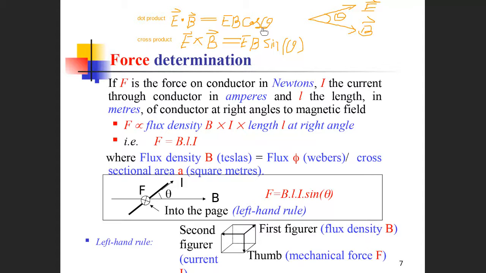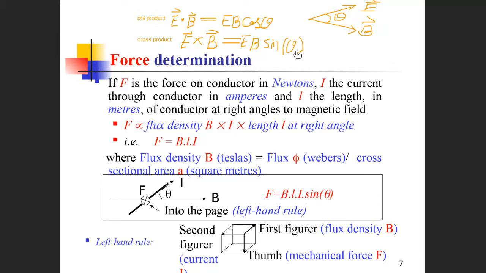If E is in the same direction as B, it has the maximum product. If they are perpendicular to each other, it will be 0, because cosine 0 is 1 and cosine 90 degrees is 0. Now, the cross product is the magnitude product of E and B times sine theta. If theta is 0 degrees, sine is 0. If theta is 90 degrees, sine is 1.